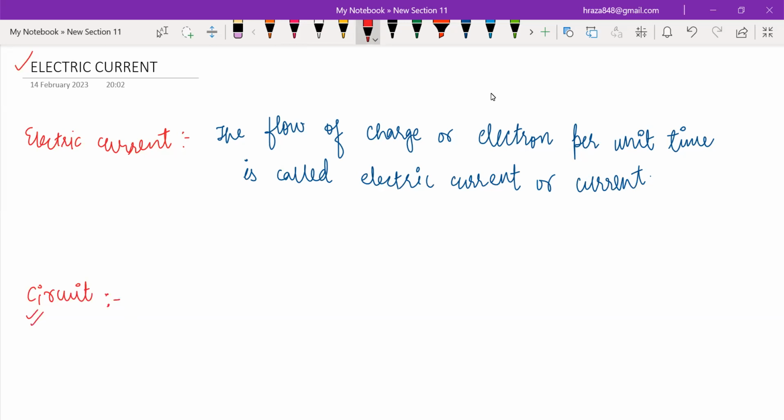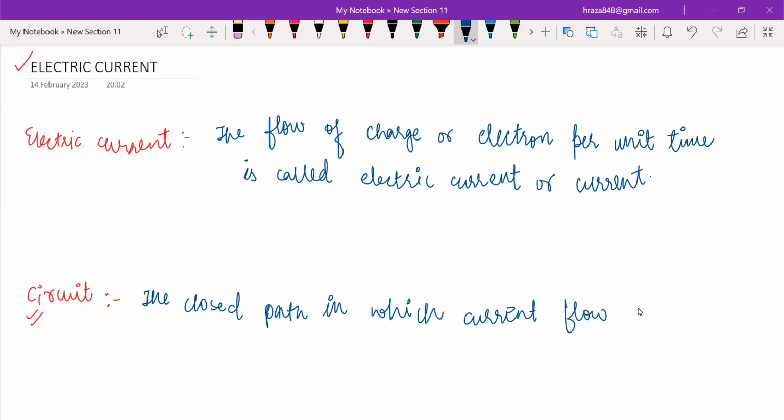We can also define it: the closed path in which current or electric current flows is called electric circuit or circuit. Is that clear? Yes, sir.